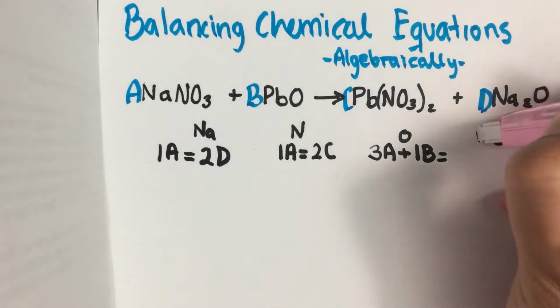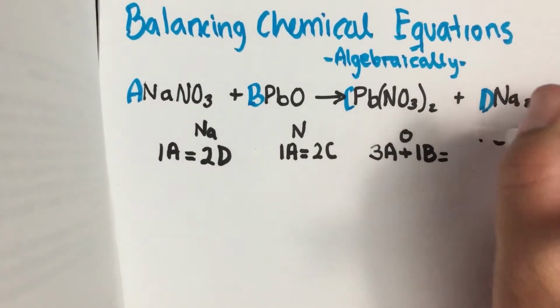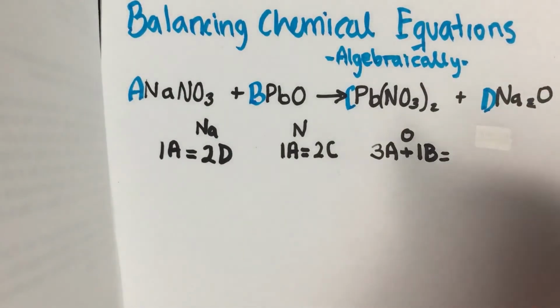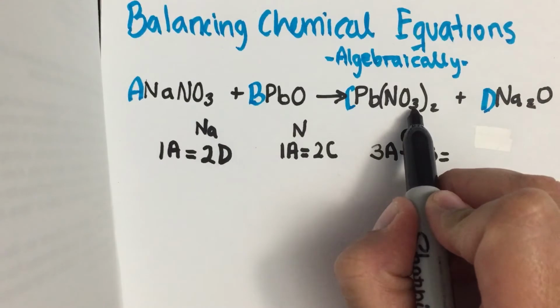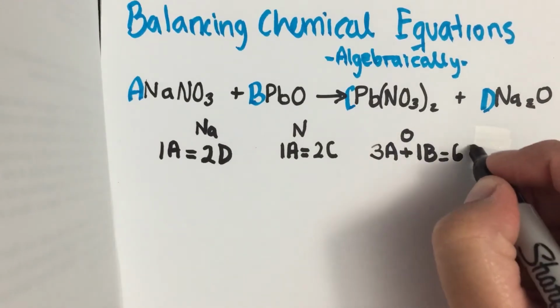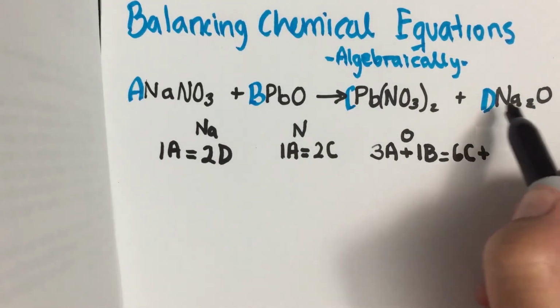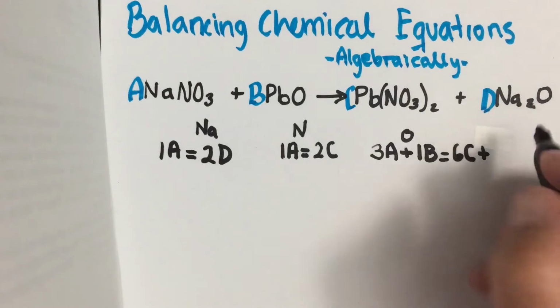We're going to erase this lead because we might need the space. So oxygen here, 3 times 2, we have 6 oxygens, 6C, plus the one we have here, 1D.